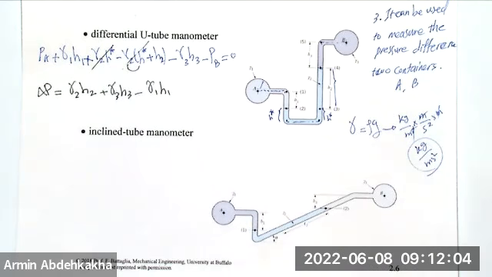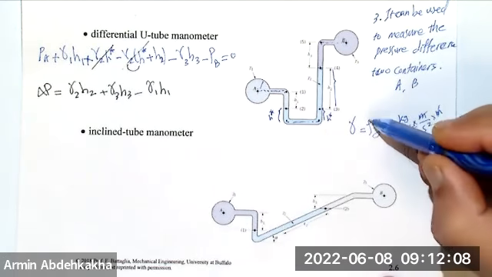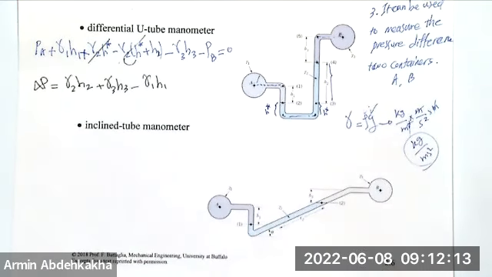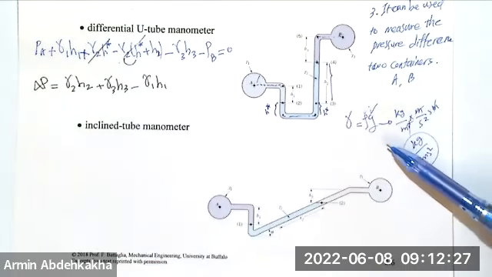I was never thinking about the unit of gamma because the only thing that I care about is rho and g. And delta P, as we mentioned before, is rho g delta H.